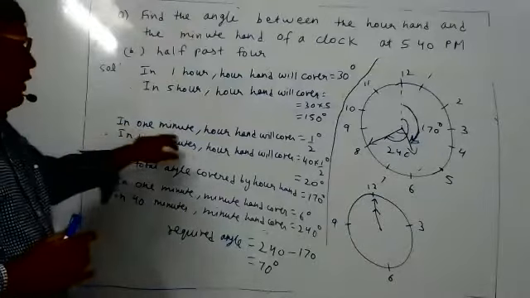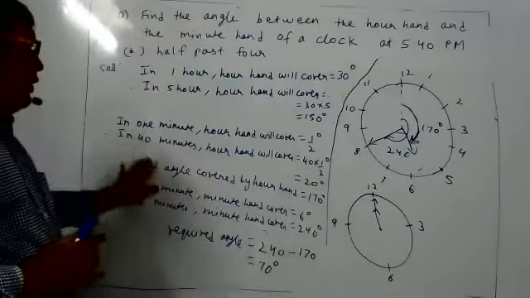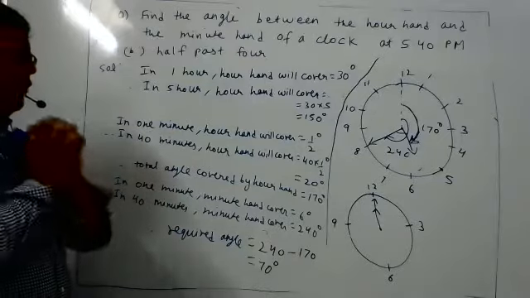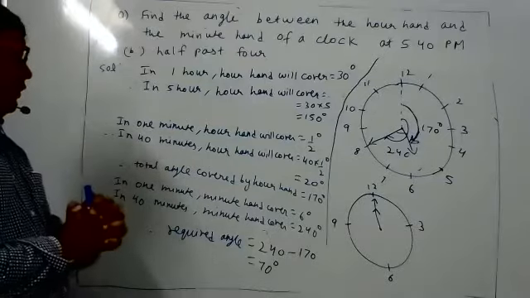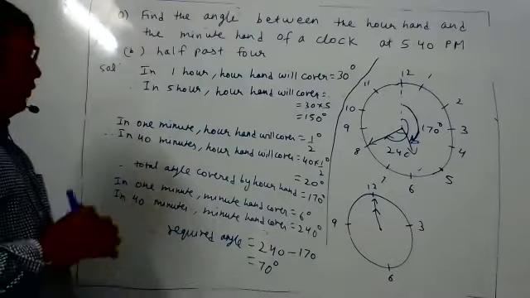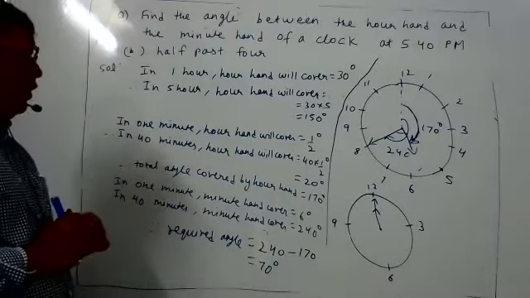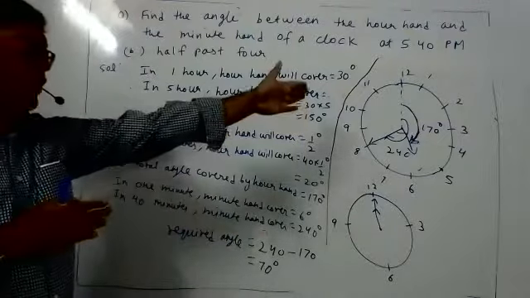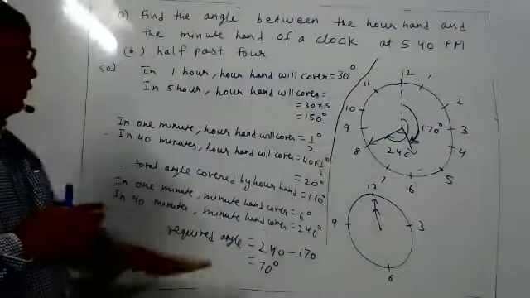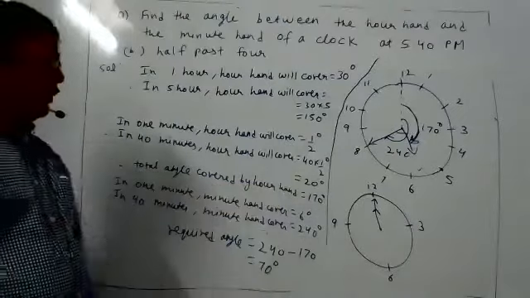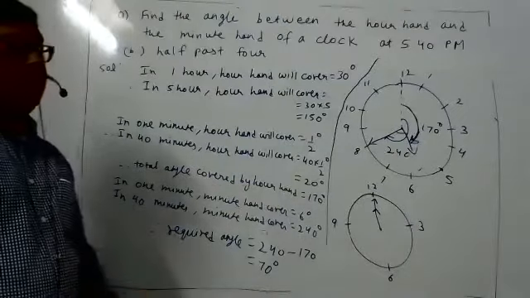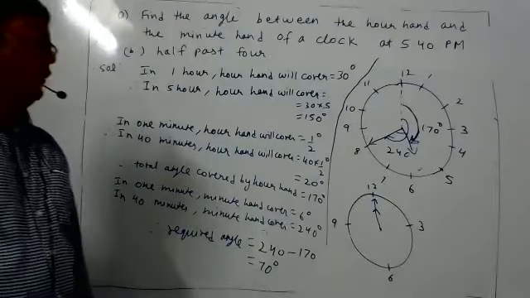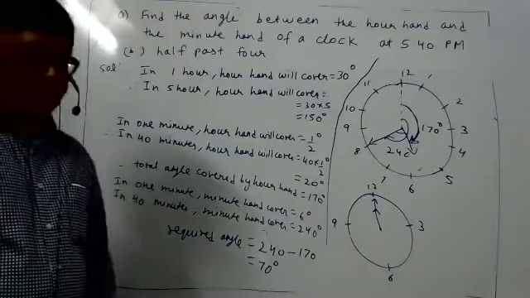In 1 minute, the hour hand covers half a degree, so in 40 minutes it covers 20 degrees. So the total angle covered by the hour hand is 150 plus 20, 170 degrees. Same for the minute hand: in 1 minute it covers 6 degrees, so in 40 minutes it covers 240 degrees. The difference between both is the required angle between the hour hand and minute hand. If anybody has a doubt, you can ask me.